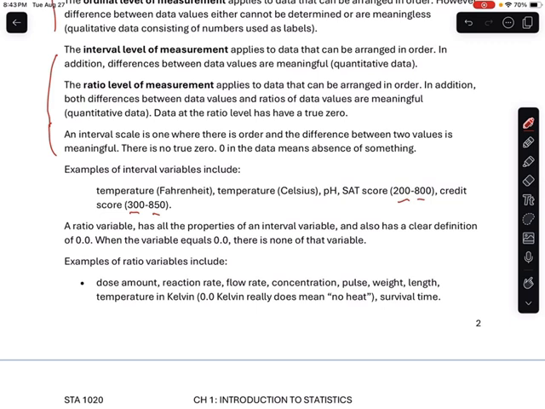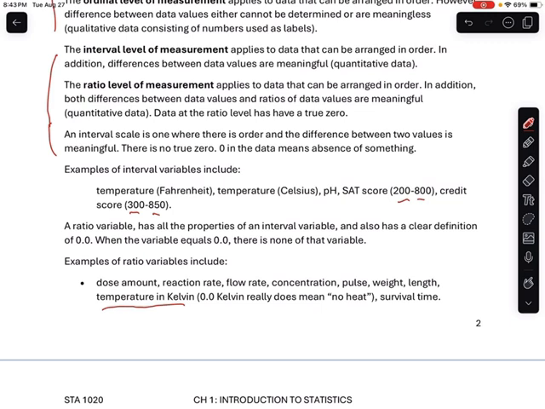Notice here, this is the big difference. Kelvin, and here we were talking about temperature in Fahrenheit and Celsius. The temperature in Fahrenheit and Celsius means the data is interval level, because we can bound it in an interval.